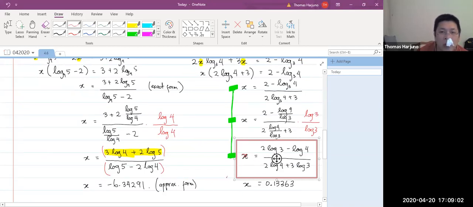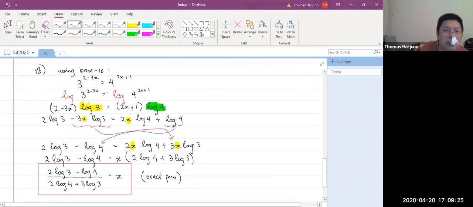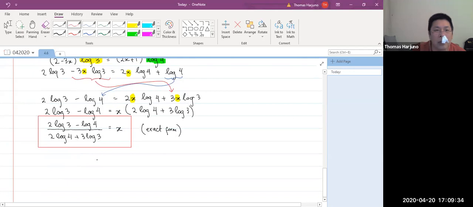When I changed the base to base 10, which for Regan's calculator is not necessary, but for other people, when you need to change the base to base 10, that's the answer you have if you do base 10 since the very beginning. So expectedly, when you use the calculator later on, you have the same answer.